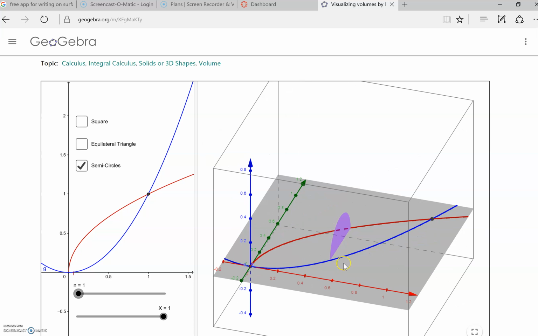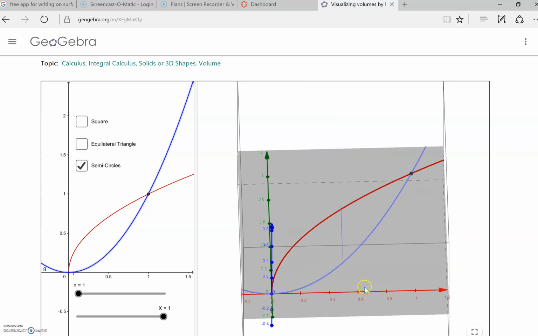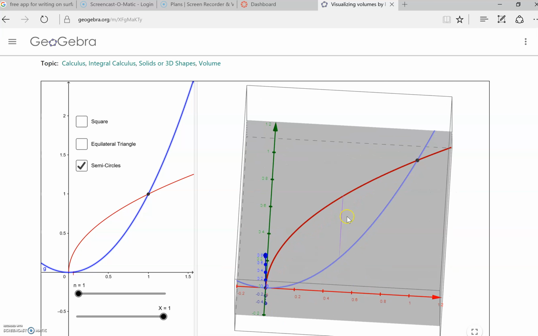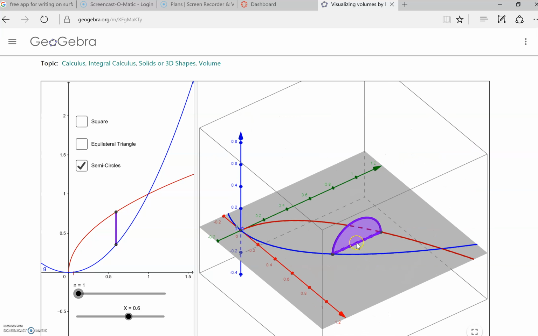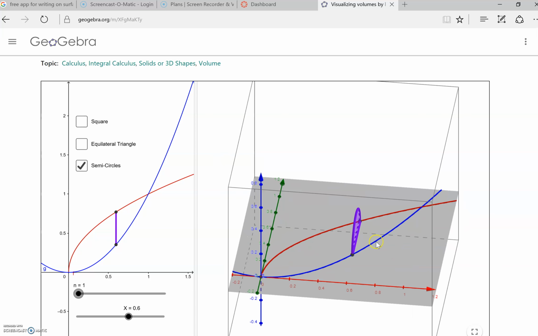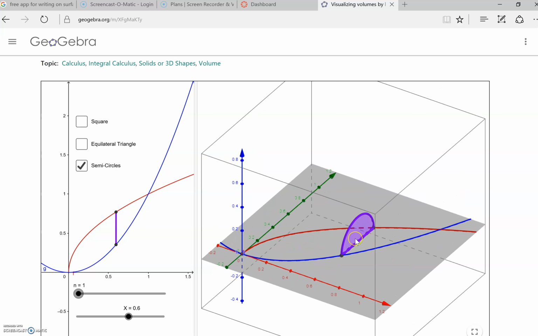If I were to rotate this and think about this segment right here, it corresponds to a like segment over here in region R, this segment that I have graphed or constructed in region R, and that segment in the same region R that looks like a two-dimensional region right now is nothing more than the diameter of the semicircle. And we can use that to help us find the volume of this one piece.